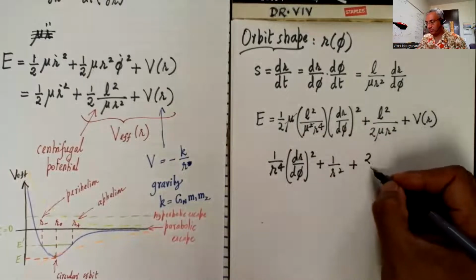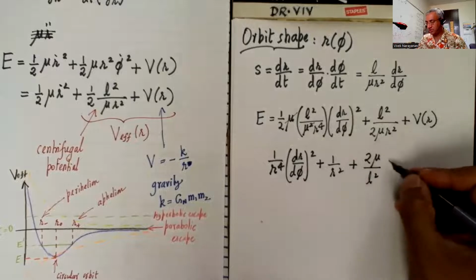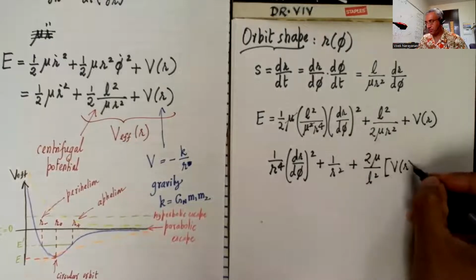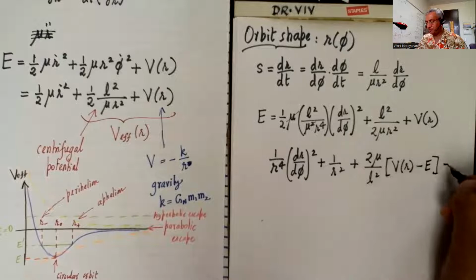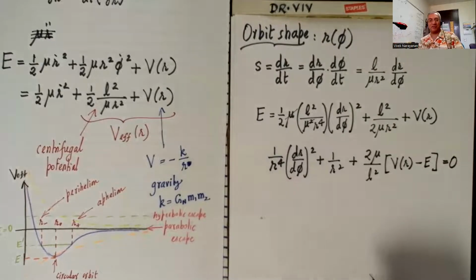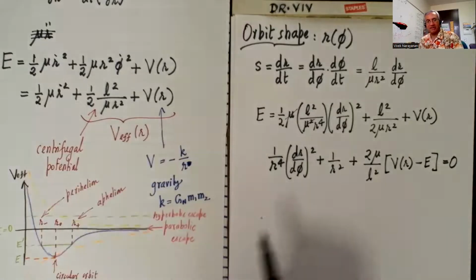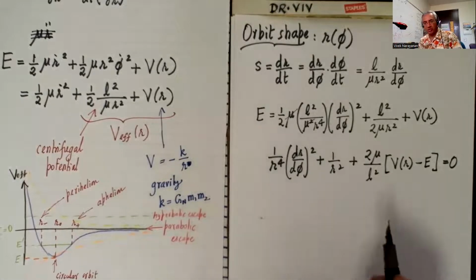So that gives me 2 mu over L squared V of r minus E equals 0. So this might seem like not a big deal. All I've done is played around with the energy equation to get something that looks even more complicated.